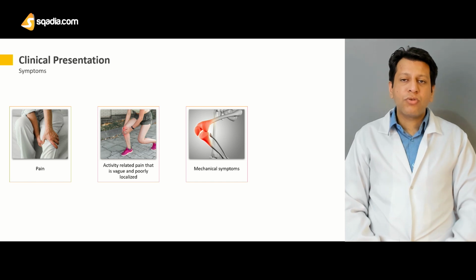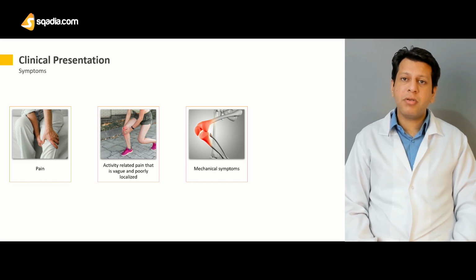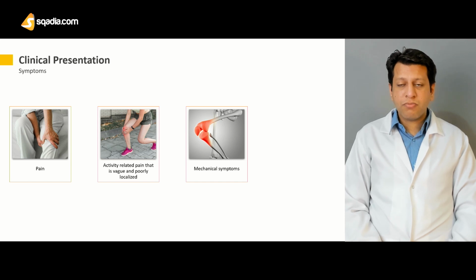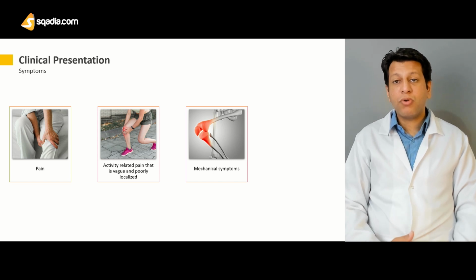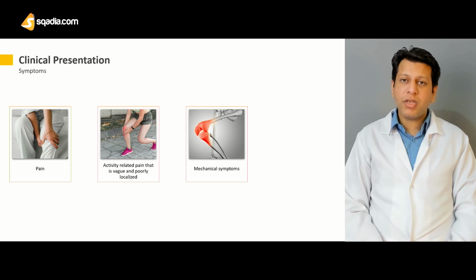Once it's in the joint, it may act as a loose body and cause symptoms like locking and catching. During certain flexion and extension of the knee, the pain may become severe and the patient may not be able to completely extend or flex the knee joint. These symptoms usually occur at the very end.